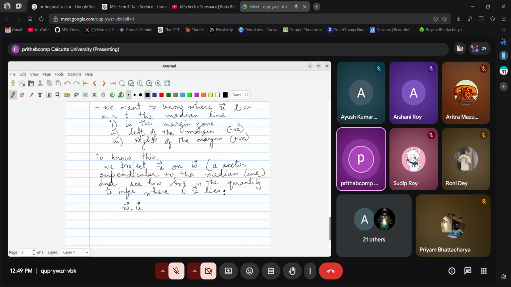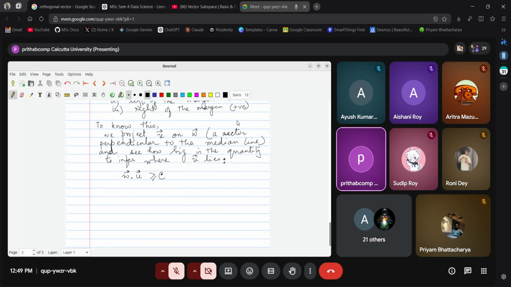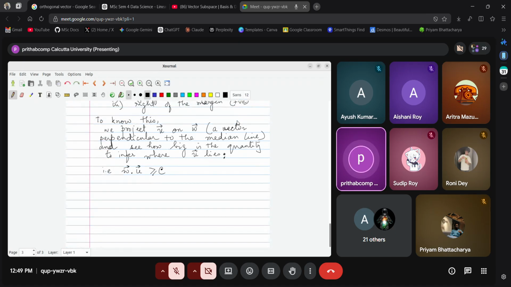So essentially it means that W·U is greater than or equal to C. That is, the dot product of W and U, which is nothing but this projection, is greater than or equal to C.